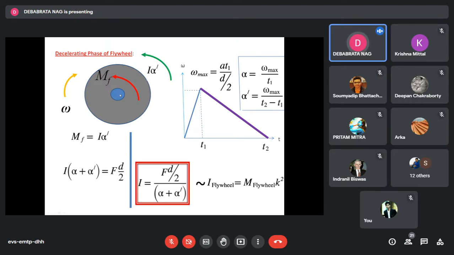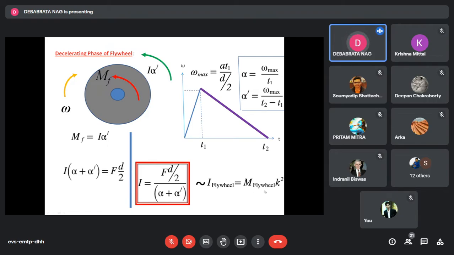I can therefore say that the flywheel's mass moment of inertia is much, much greater than the mass moment of inertia of the shaft about the same axis. So this I, though it represents the entire mass moment of inertia of the entire rotating system, approximately indicates the mass moment of inertia of the flywheel.